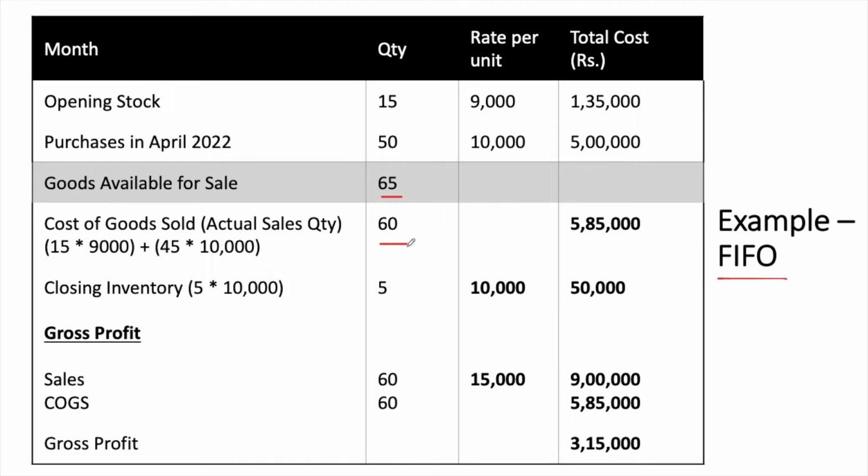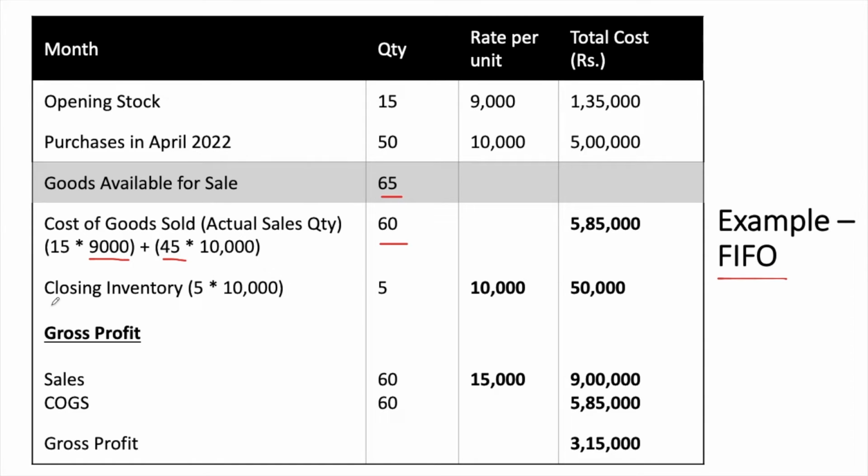So out of the 60 that was sold, 15 was sold from the opening stock and the remaining 45 was sold from the purchases in April 2022. So for the first 15, we'll use the value of the opening stock, and for the remaining 45, we'll use the value of the purchases made in April 2022. This gives you a total value of 5,85,000.